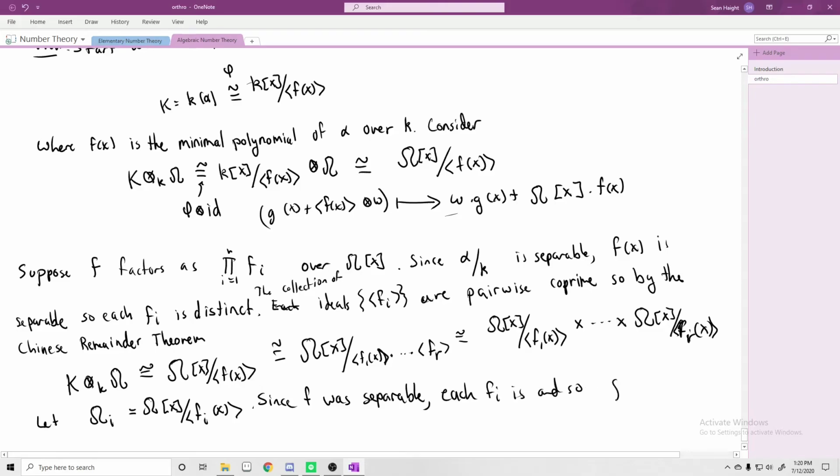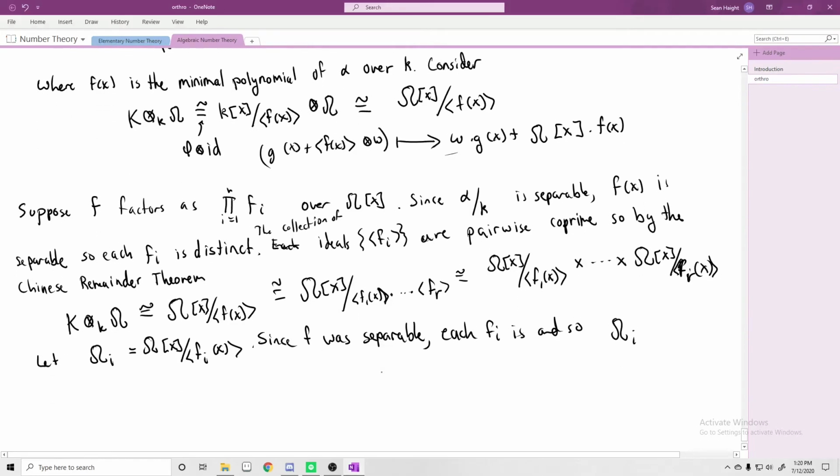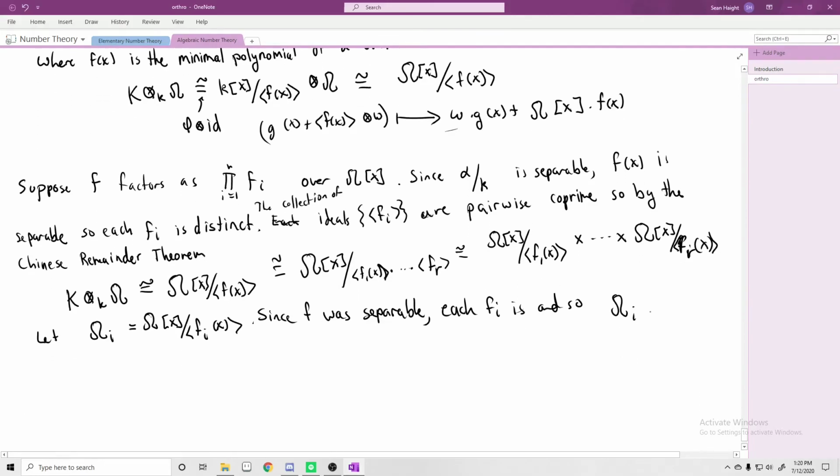And so, yeah, there's like a lemma hiding in here, which I'm kind of glossing over, which says that if f is a separable polynomial, then k adjoin x modulo f is a separable field extension. But that's true, so I'm not going to spend any time proving it.